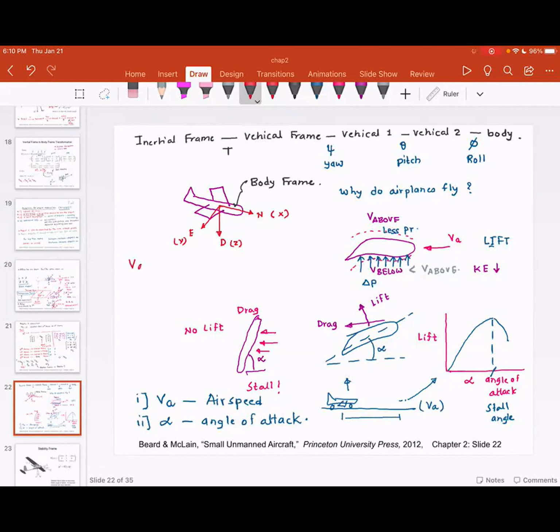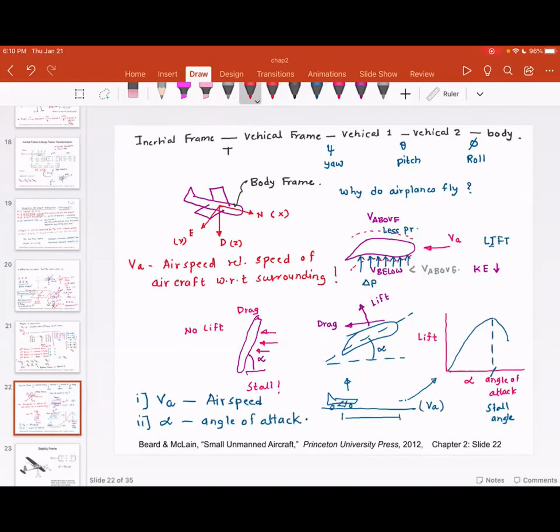VA is airspeed, the relative speed of the aircraft with respect to the surrounding air, and it is a very important parameter. In the next few slides, we are going to talk about why VA is important.